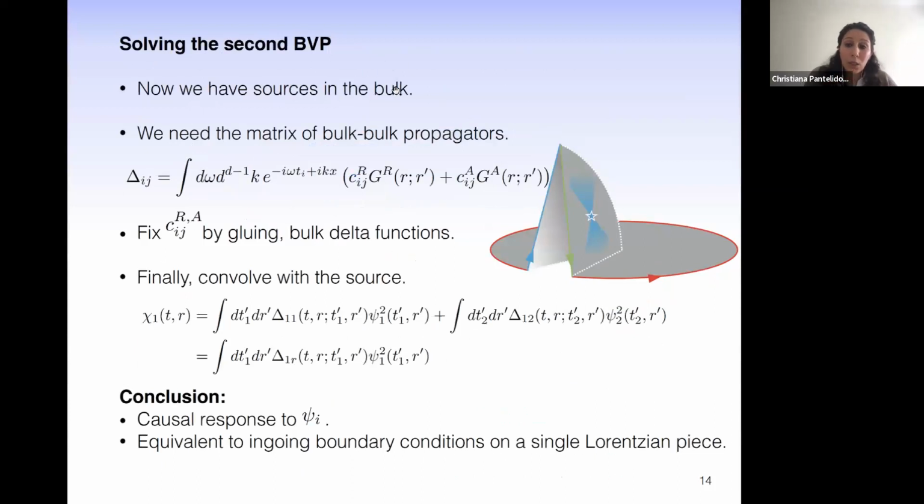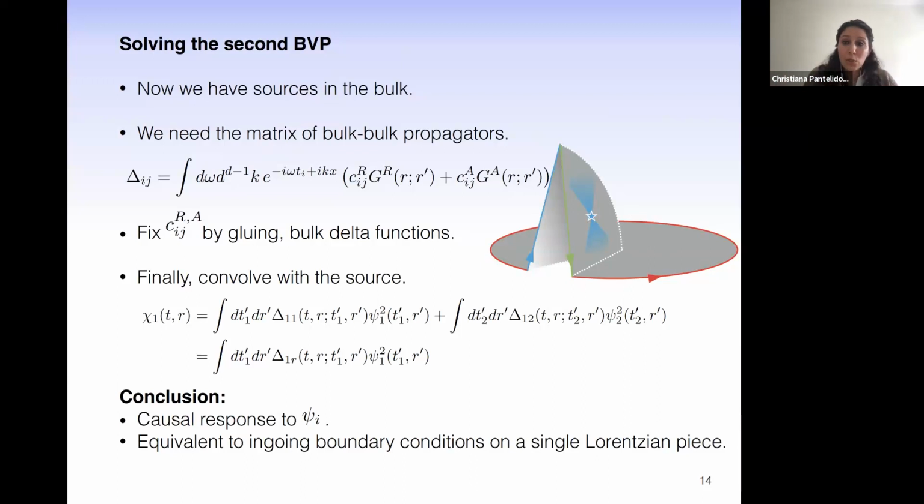And we will essentially do a calculation very similar to what I showed on the previous slide. We'll start by considering a delta function source in the bulk of one of the two segments, and compute the now bulk-to-bulk propagators on all three segments. Then repeat the same calculation with a delta function in the bulk on the other Lorentzian segment. And then convolve with the sources in order to calculate the fields chi1, chi2, and chi-e.